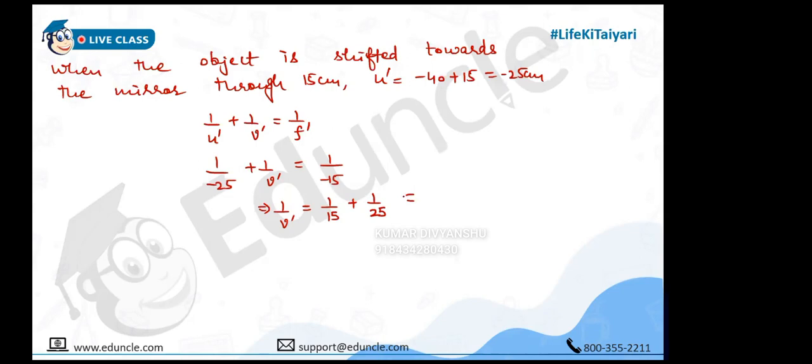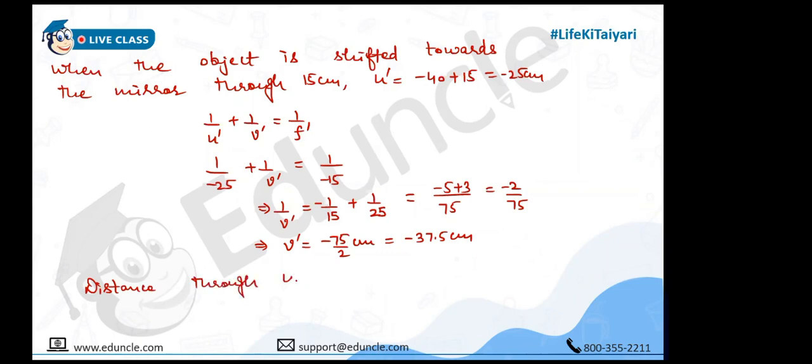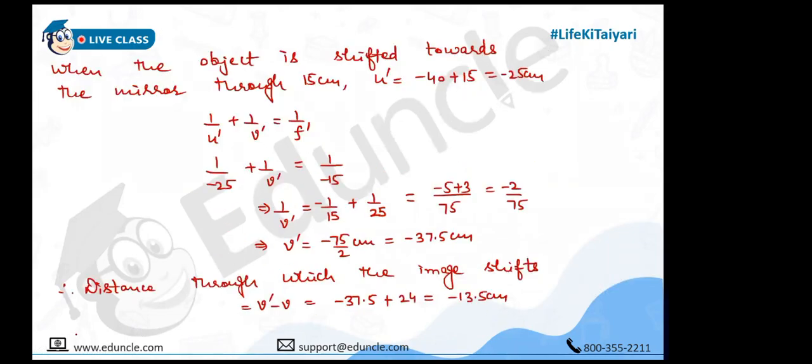So you're missing a subtraction. Minus 1 upon 15. Okay. Earlier, it was less negative.